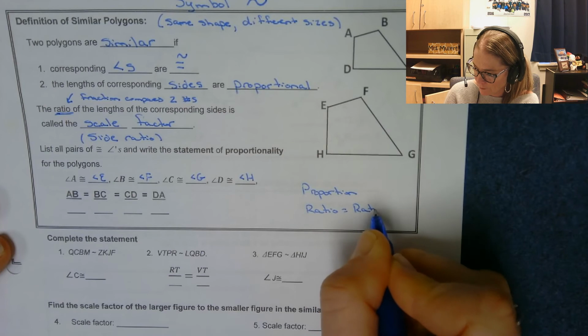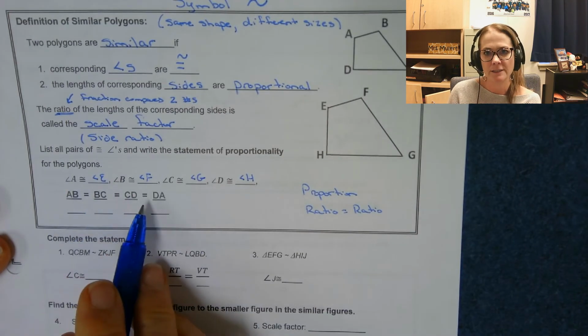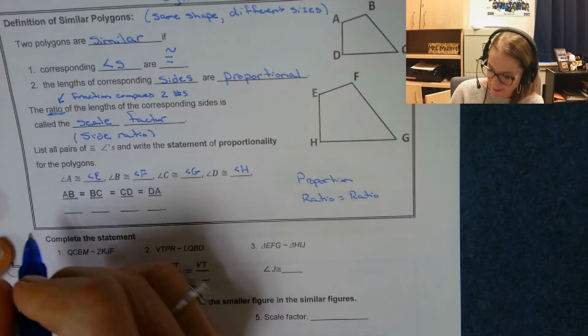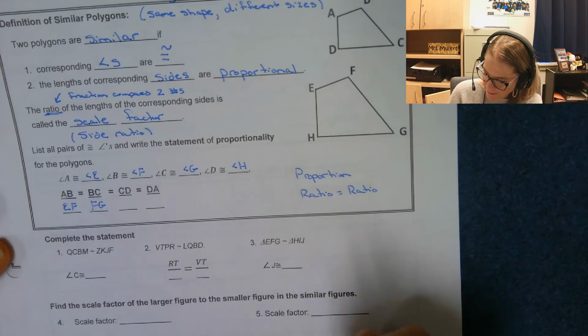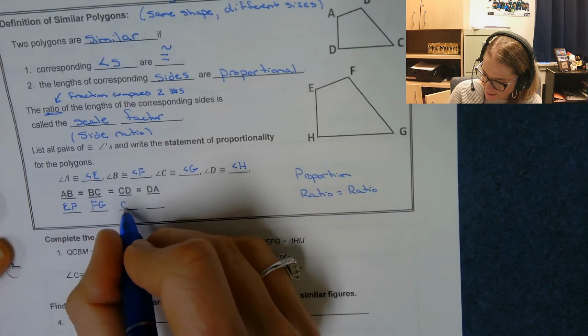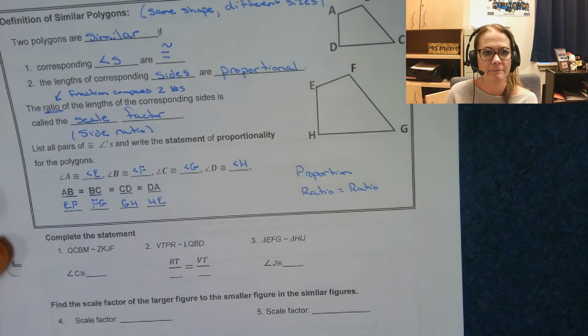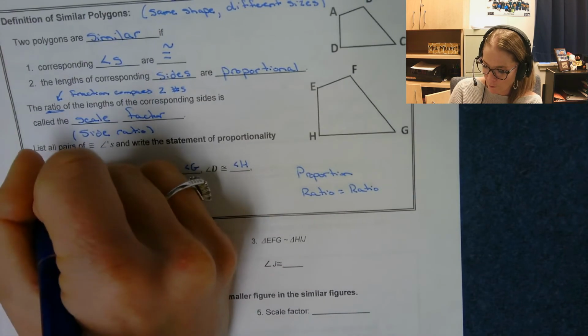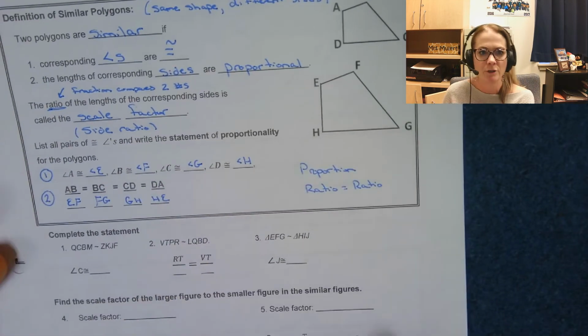And then again, a ratio is a fraction. So to show proportionality, I've got to set all these fractions equal for all of the sides: AB to EF, BC to FG, CD to GH, and DA to HE. Okay, so that's how you show the criteria, number 1 and number 2. This shows congruence. This shows proportionality.